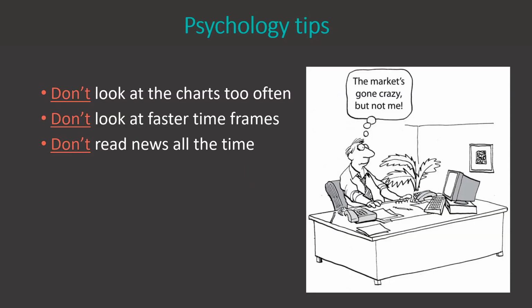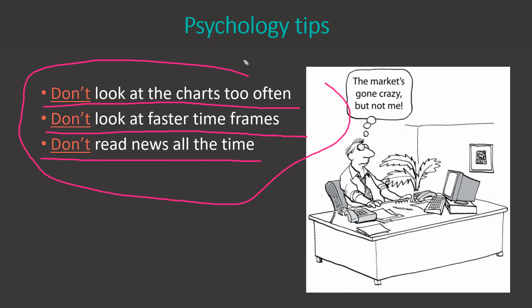Now let me give you a couple of brief psychology tips. First one, don't look at charts too often. Second one, don't look at faster time frames. And third one, don't read news all the time.